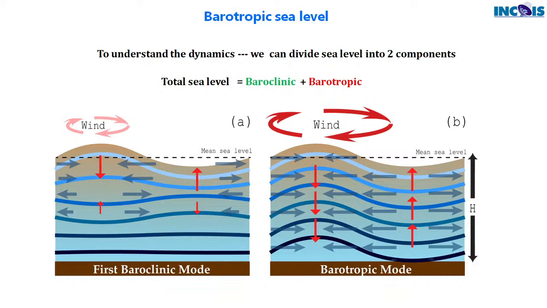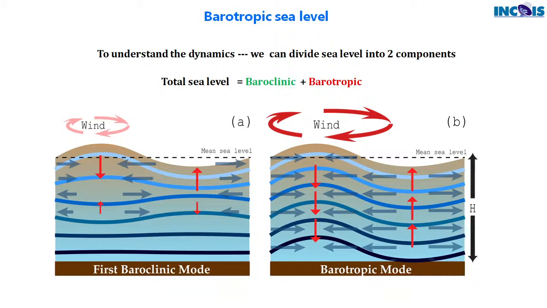For simplicity, we can divide the sea level into two components: baroclinic and barotropic sea level oscillations. For example, just consider an ocean with only 6 to 7 density layers, as you can see in these two cases. These layers can move independently of each other. Here, we can have two conditions.